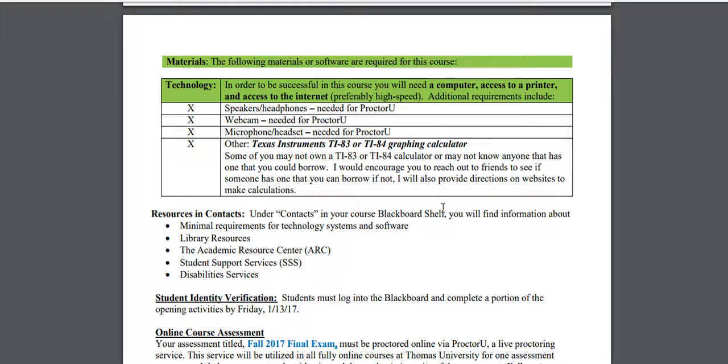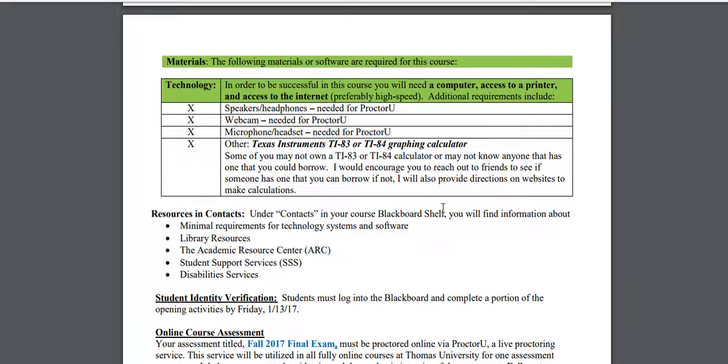You don't have to buy anything special. You have to have a webcam. The proctor has to be able to see you and see your surroundings the entire time. And then there's the microphone. A lot of new laptops have the speaker and the microphone all included with the webcam. But this is very important.